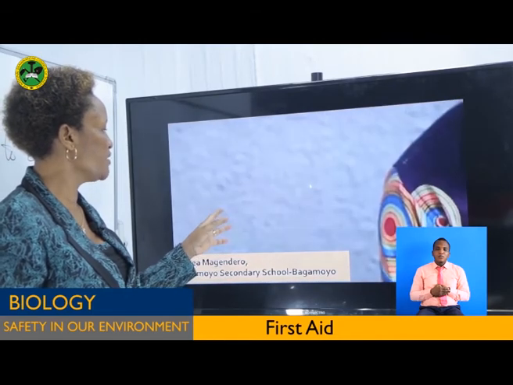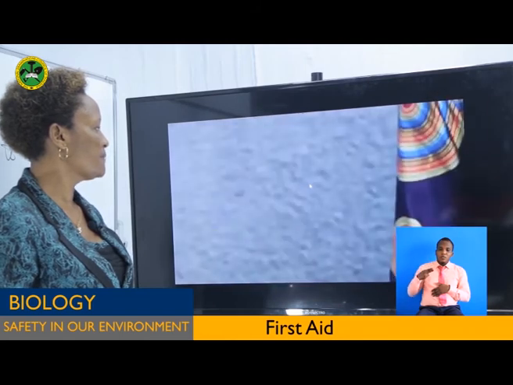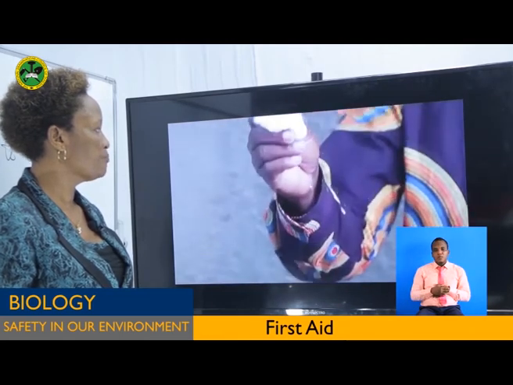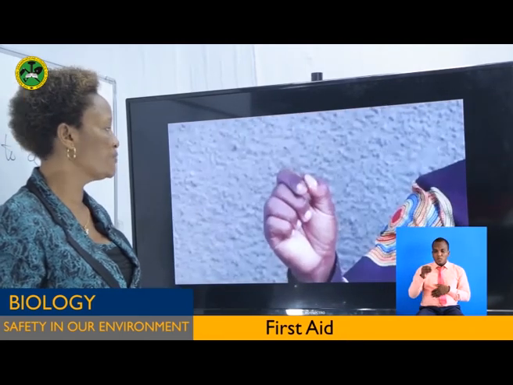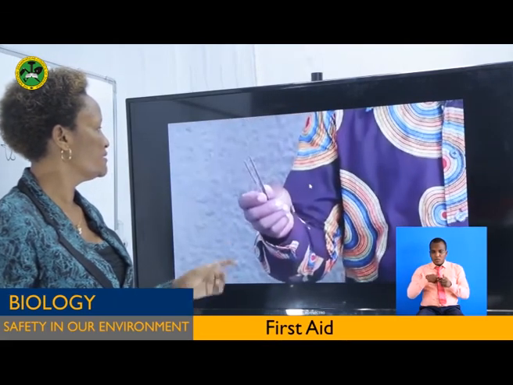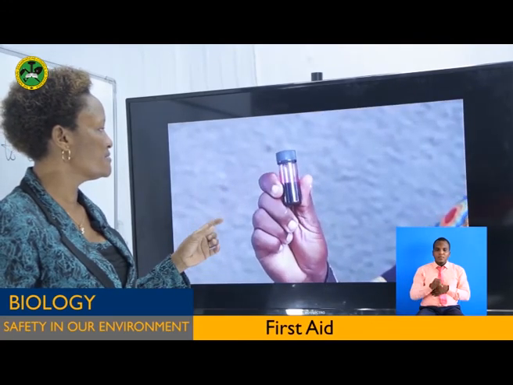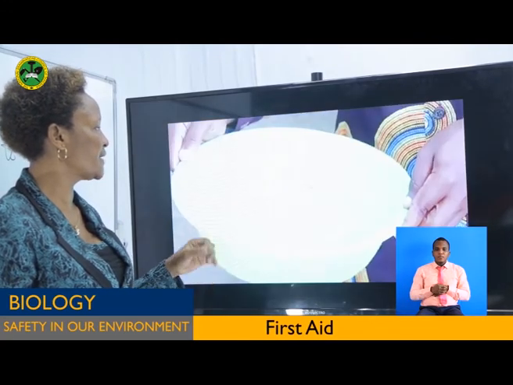That is a pair of gloves for protection, a scissor, cotton wool to clean wounds, razor blade to cut the materials, that is a forceps, that is potassium permanganate, and soap.